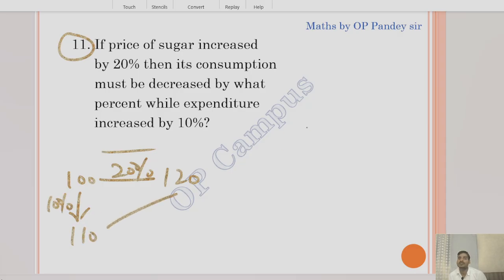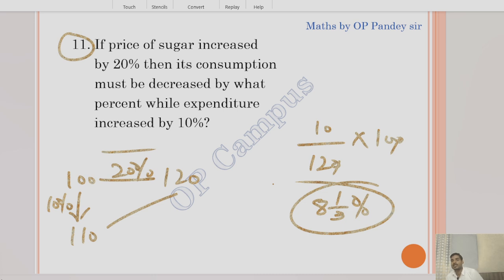Take the difference of this, that is 10, divide by initial value which is 120 and multiply by 100. After solving we get 0 to 0 cancel, 100 divided by 12, that is 8 1 divided by 3%. 8 whole 1 divided by 3% is the correct answer of this question.